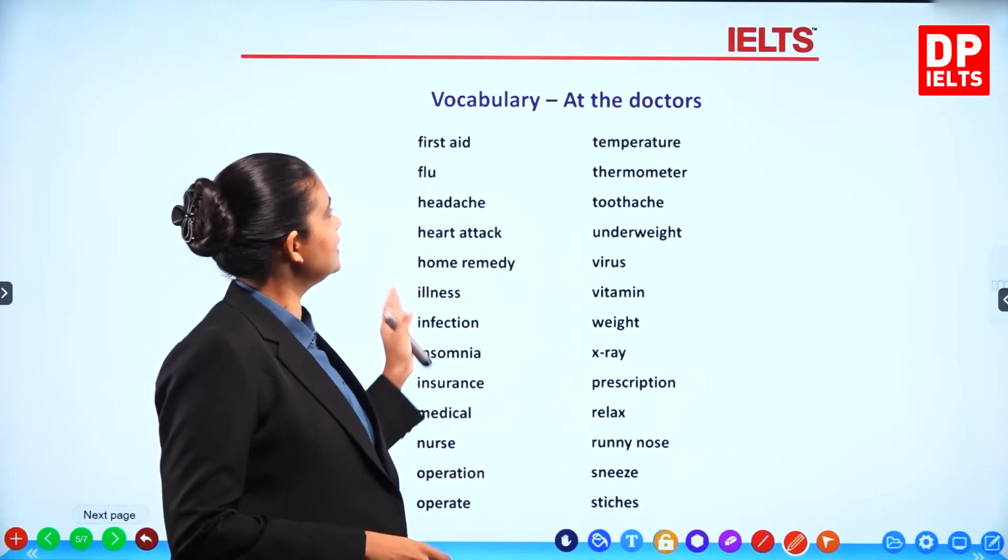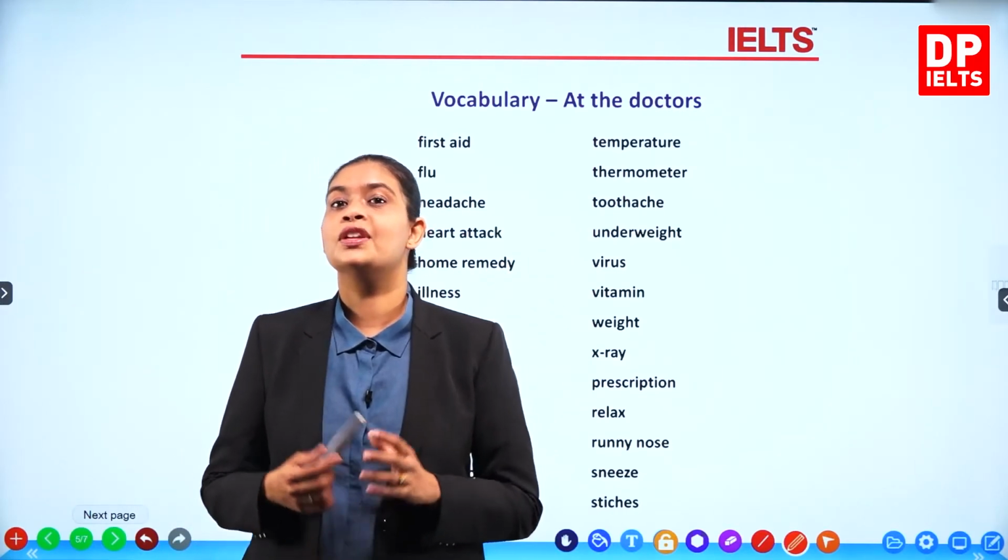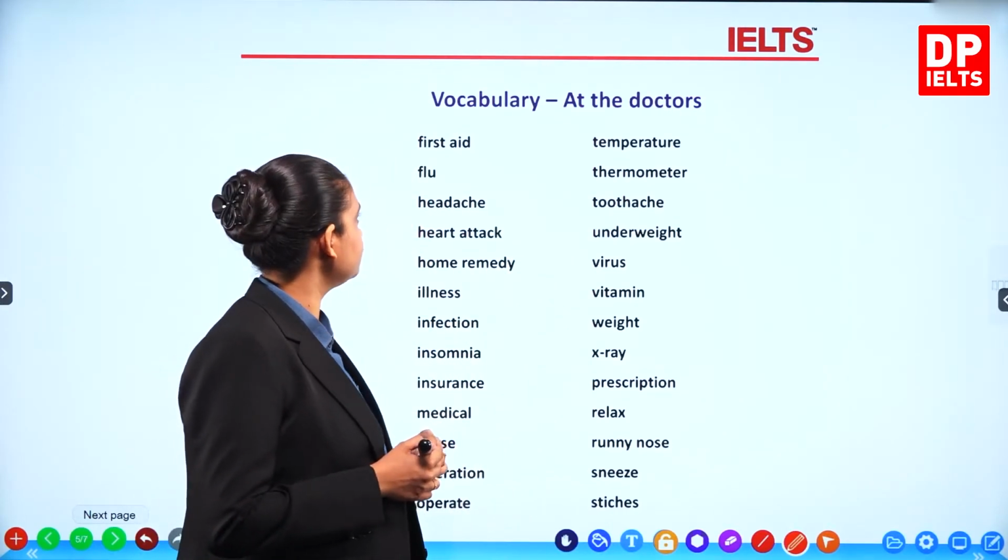So, let us have a look at the pronunciation, okay?